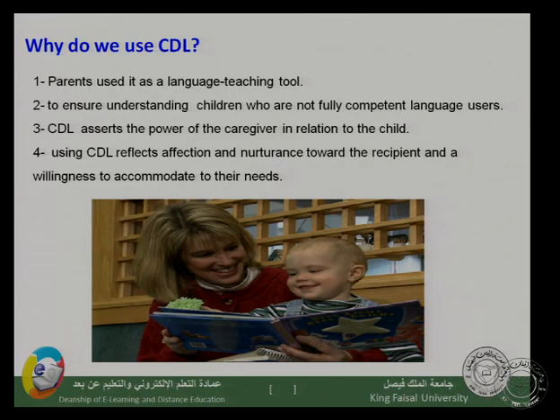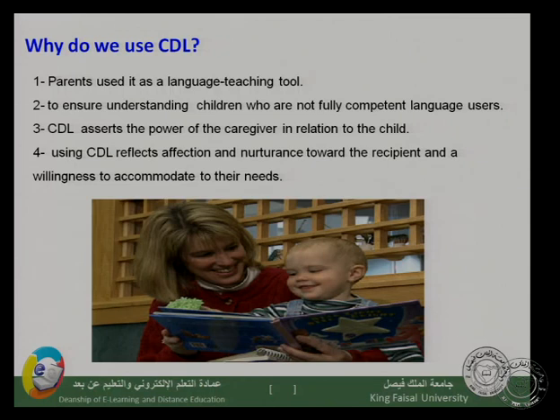So when they use child-directed language, they can assert their power position, because with this language they can always use directives, they can always give commands: don't do this, don't do that, close the door, open the window.